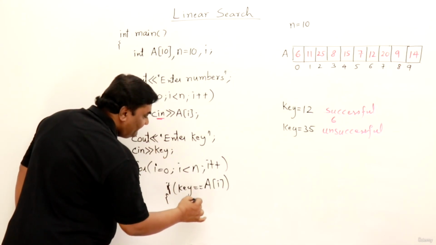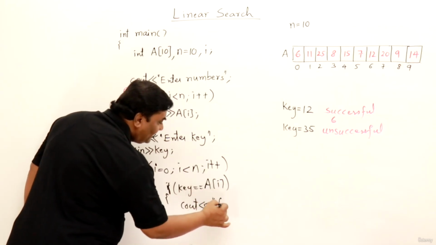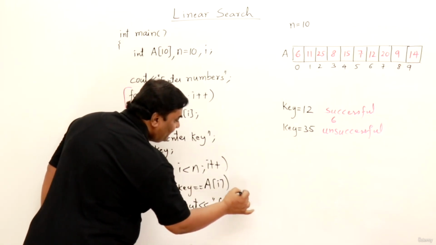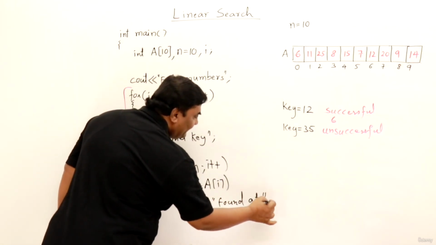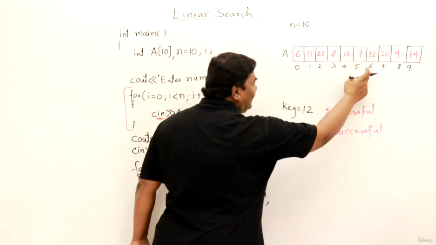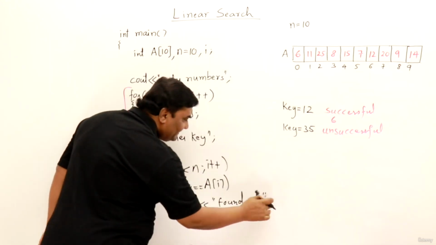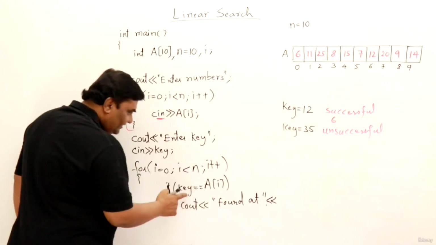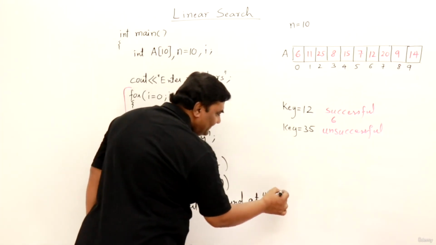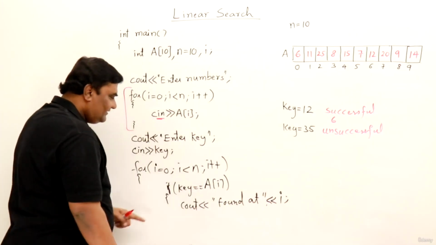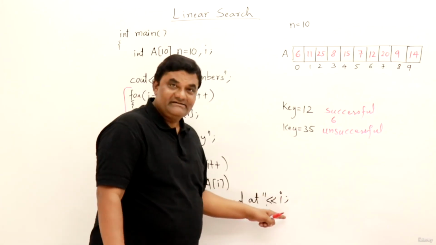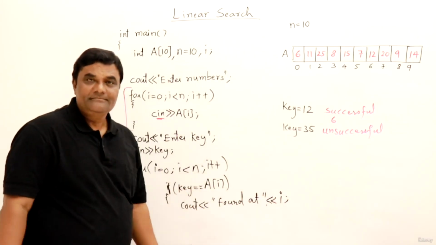So cout, give a message, I will just write found, okay? Found at, what is the index? See, if it is found at 6, 6 is the index. So here I should display 6, that is nothing but i. So found at index 6 if the key is 12.